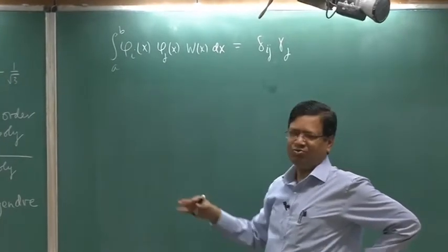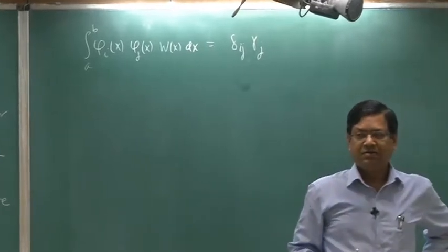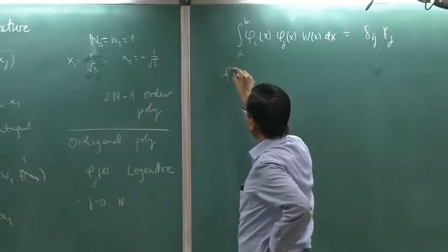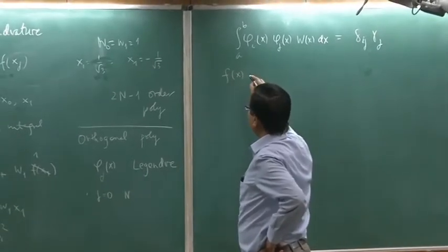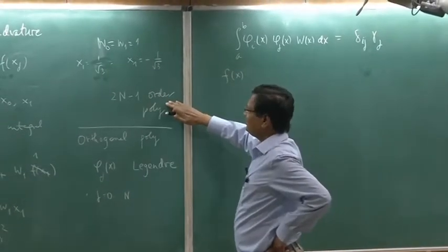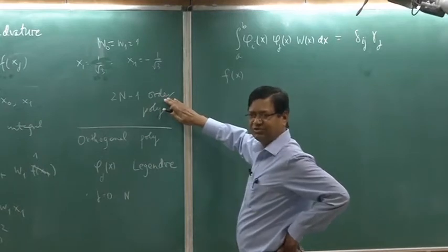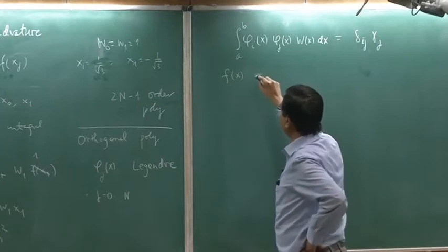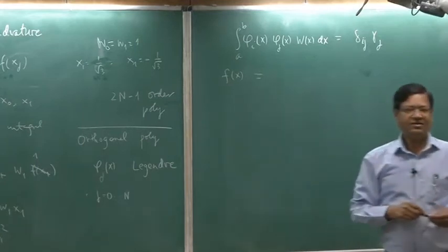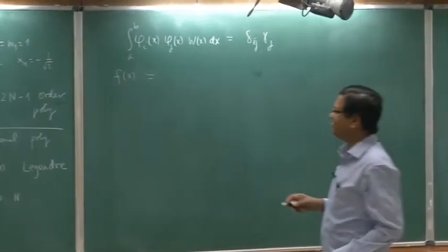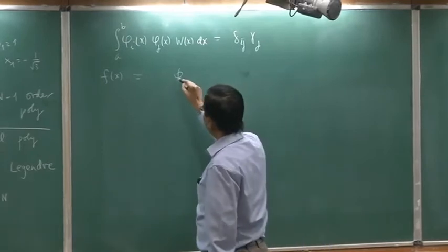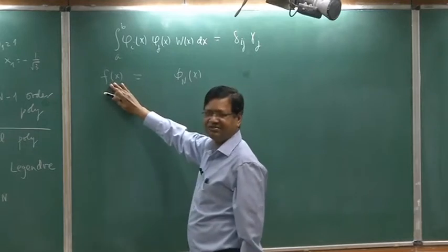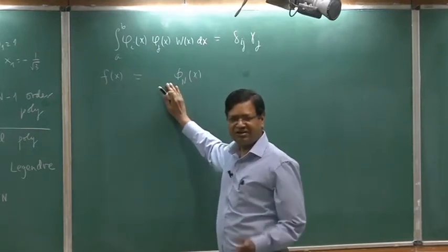Now I am going to start the proof. So my function f(x), since I demand that it is exact for this, I will assume that my function is of this order. So I divide this function by phi N(x), capital N. So there will be a remainder and the divisor, right?